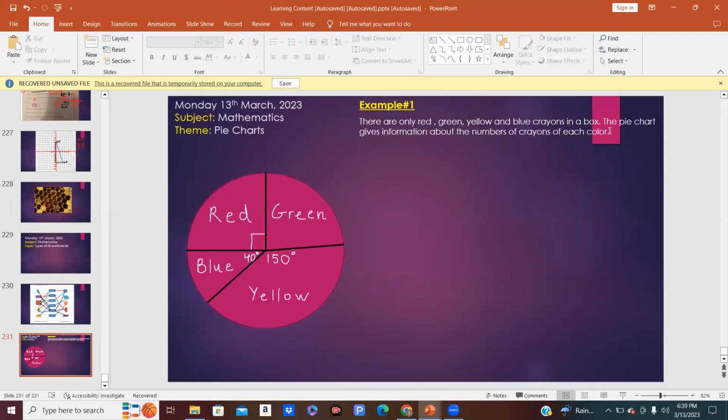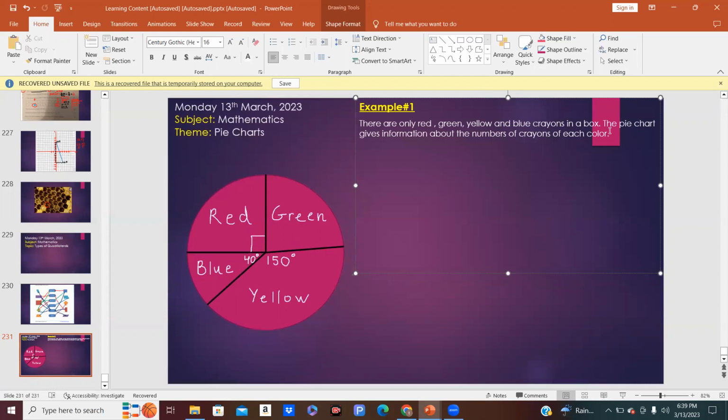Okay. So the first question, question A, says, in light of all of this information, calculate the fraction of red crayons in the box.